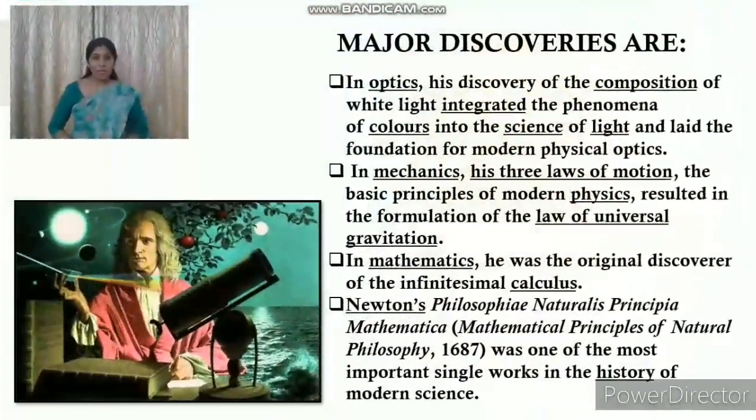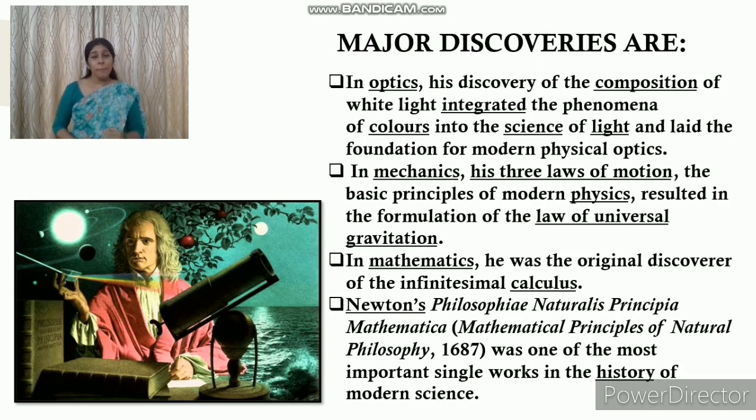The major discoveries of Isaac Newton are: in optics, his discovery of the composition of white light integrated the phenomena of colors into the science of light and laid the foundation for modern physical optics.